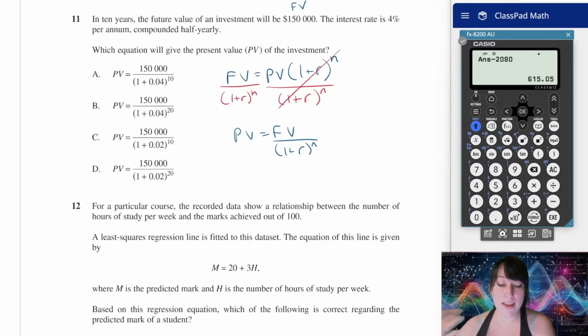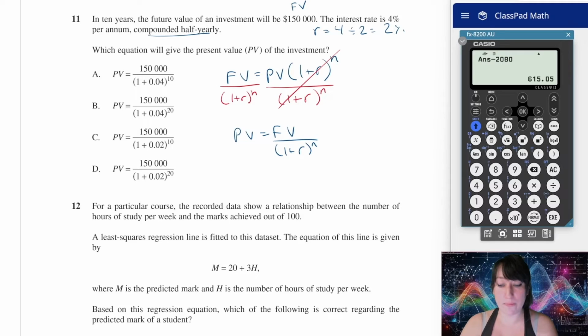It says the interest rate is 4% per annum, compounded half yearly. Always double check the compounding periods. R has to be the same as the compounding period. So while it is 4% per annum, that would be 2% per half year. We could get that by taking 4% divided by 2, which is 2% per half year.